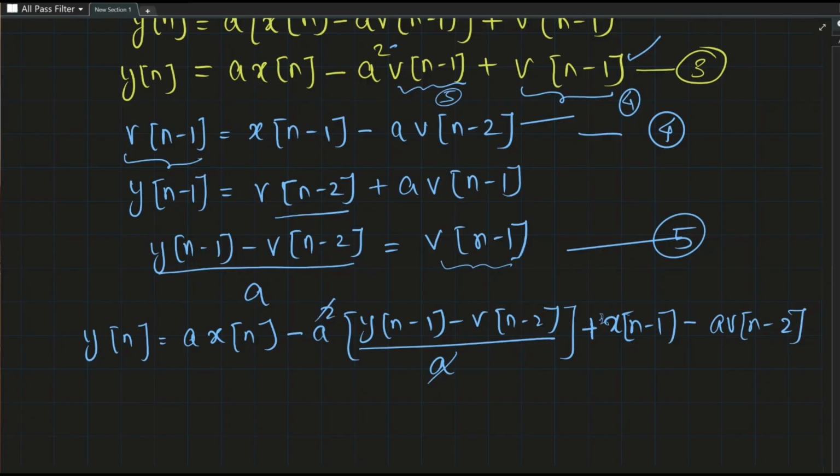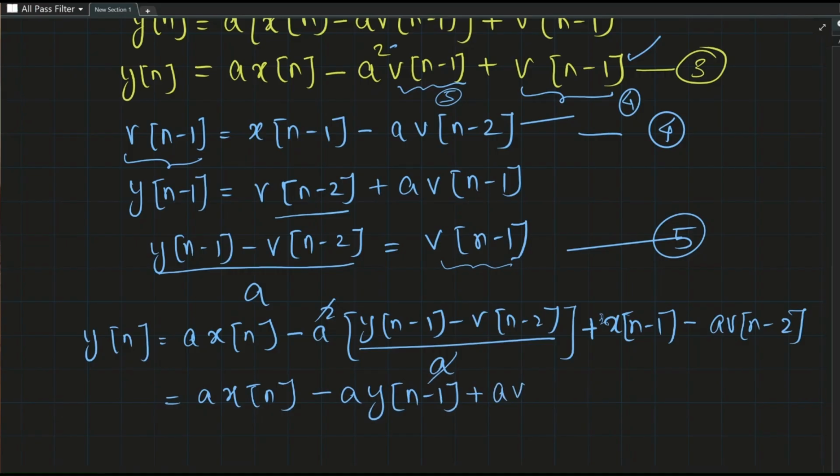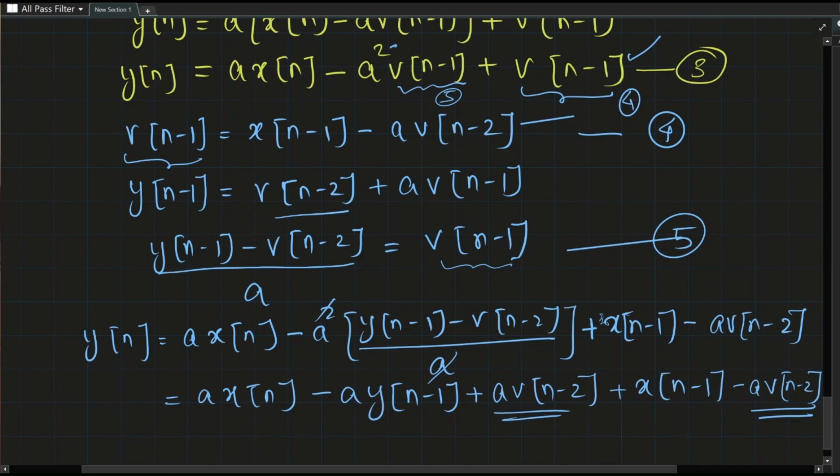Now as you can see, if I open this up, this remains the same. This becomes a yn minus 1. This becomes plus a Vn minus 2. This remains just the same, and this becomes a Vn minus 2. This term and this term, they cancel out. They're just the same but opposite sign.